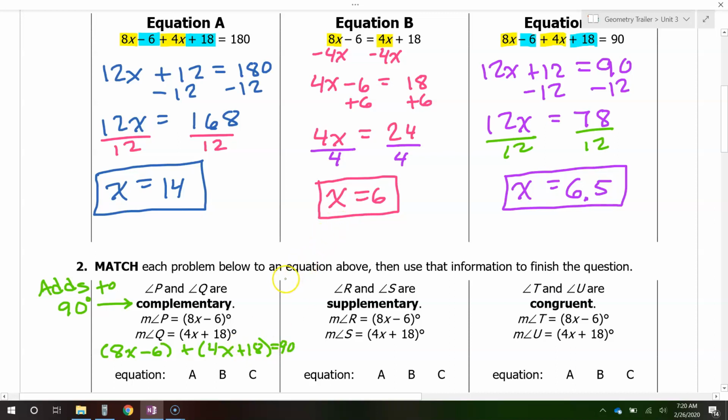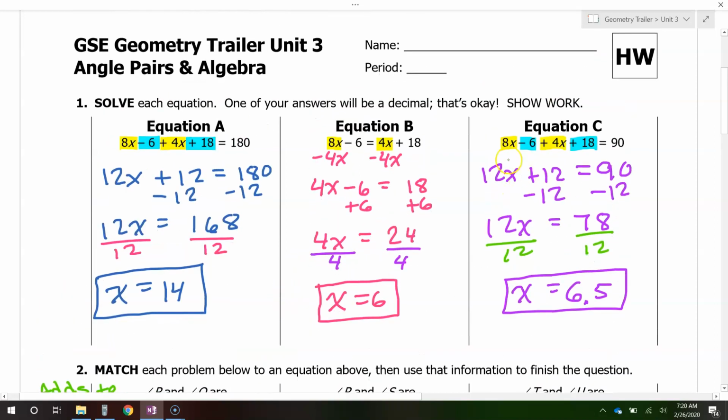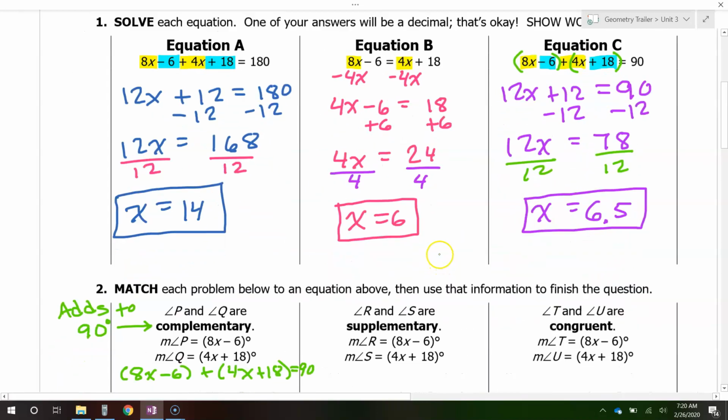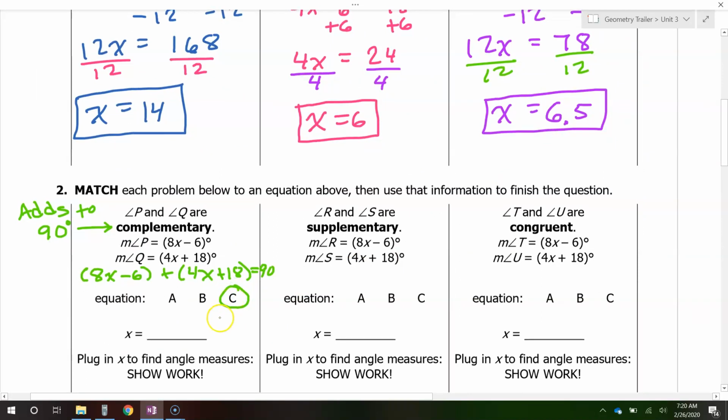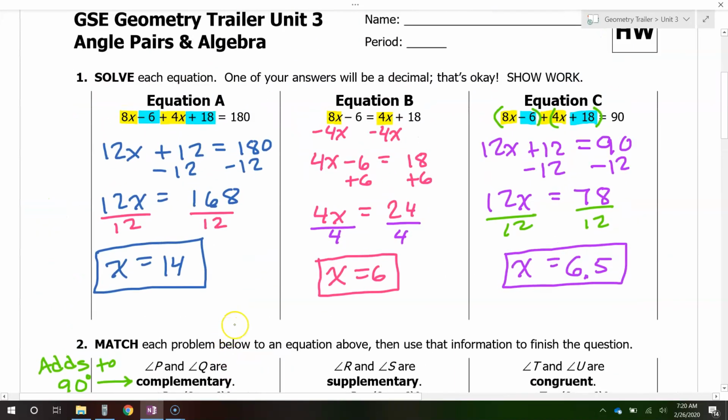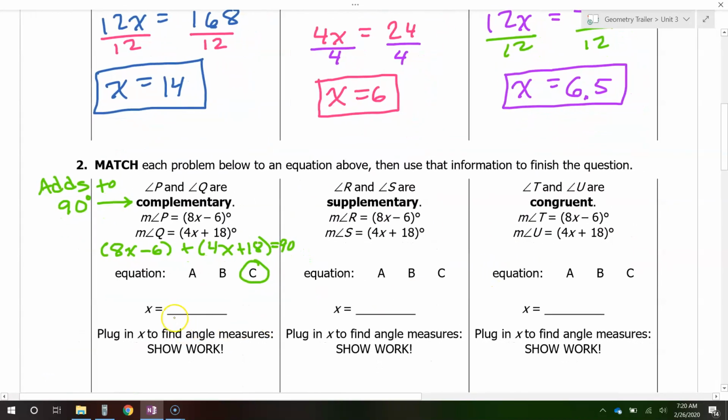Well, so which equation is that? All right, well, you see it right here. 8x minus 6 plus 4x plus 18 equals 90. That's equation C. And based on that, we know that x equals 6.5. We already found that. So x is equal to 6.5.